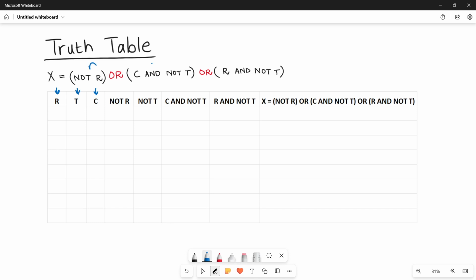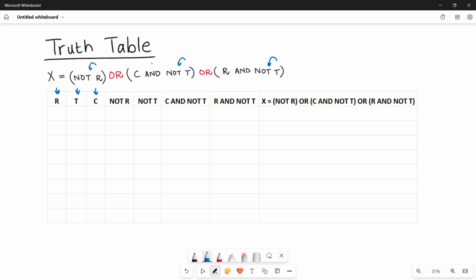Here I can see that R is inverted, has a not with it, and T, temperature, is being inverted. So I will make two columns for them. One column is not R and the other column is not T. There is no need to make two columns for not T because both are going to have the same values. So we will just invert the values of T in order to find not T.